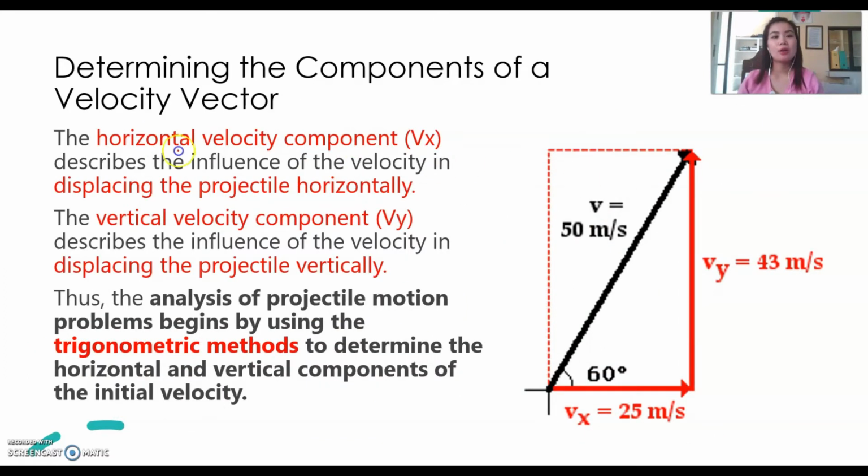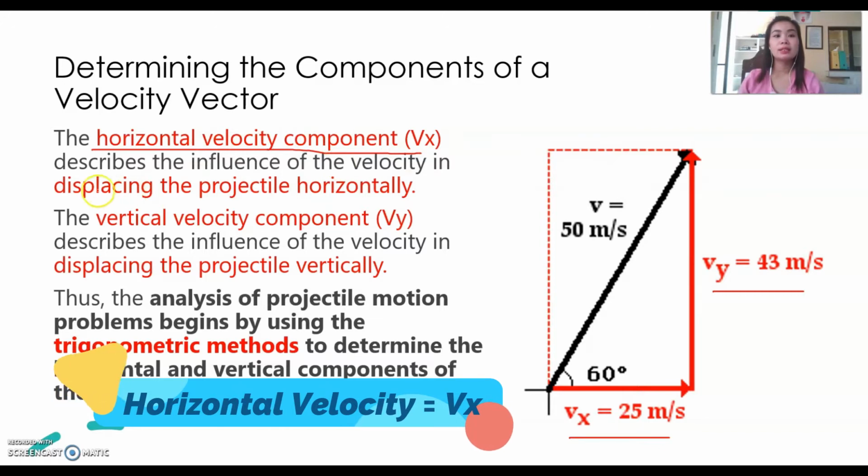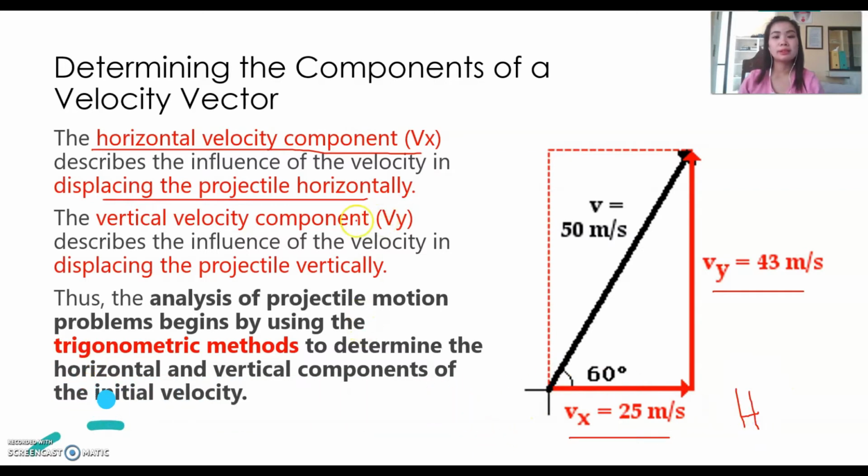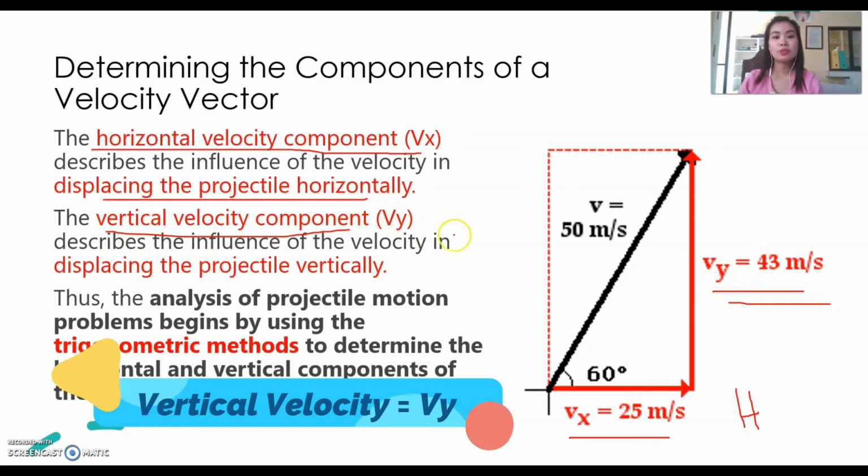As discussed earlier, there are two components, Vx and Vy. Vx is our horizontal velocity component, which displaces the projectile horizontally. The vertical velocity component, or Vy, displaces the projectile vertically.